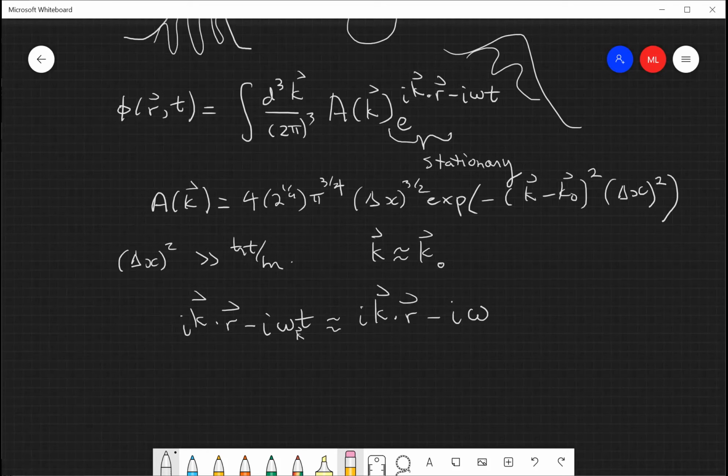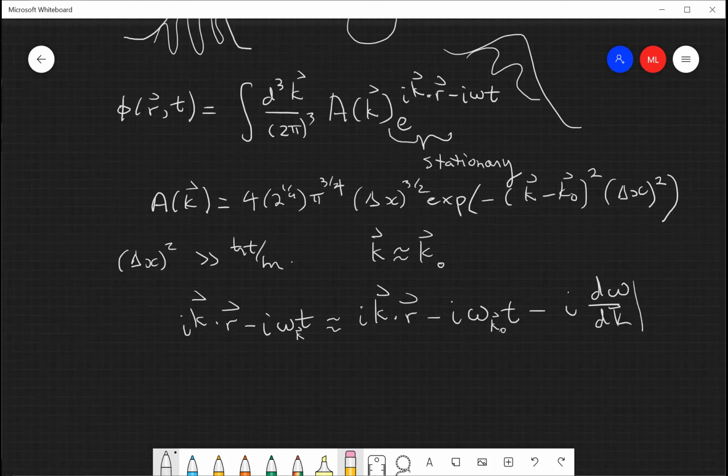So to leading order, it must be the omega associated with k naught, right? It's the kinetic energy you put in. And then you have a Taylor series where you expand the omega in a Taylor series around k equals k naught.